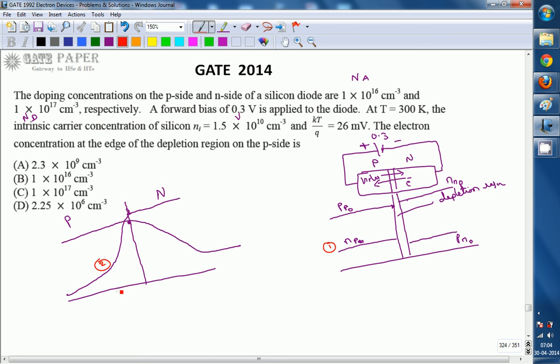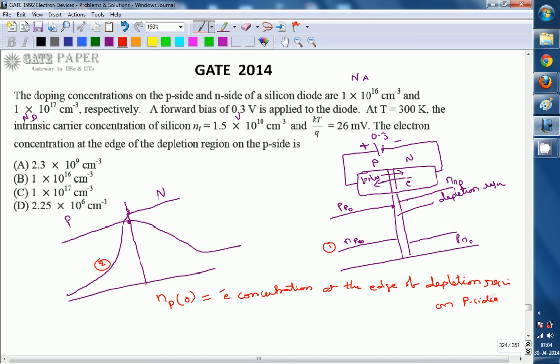These two combined are called NP of 0, the electron concentration at the edge of the depletion region on the P side, at x equal to 0.